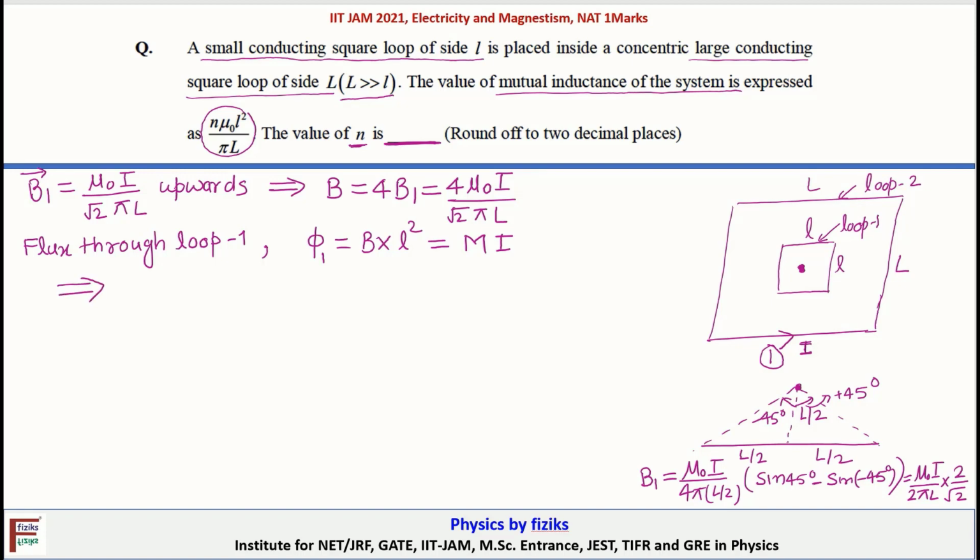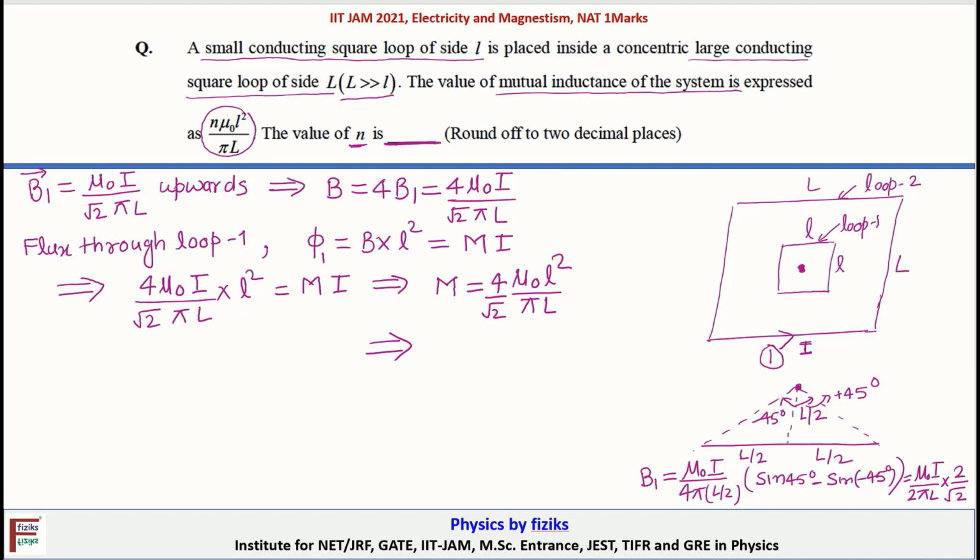So we can write B as 4 mu naught I by root 2 pi L into small l square, and that will be given by M into I. So this will give you M as mu naught l square by pi L, times 4 by root 2.